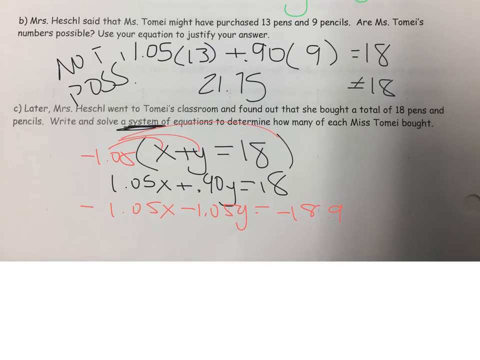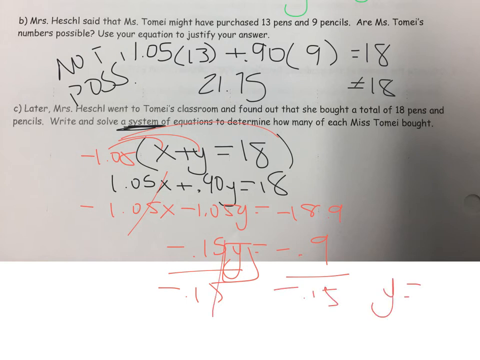So now those x's will cancel. 0.9 minus 1.05y, that's negative 0.15y, is equal to 18 minus 18.9. This is negative 0.9. Now to solve for y, we're going to divide both sides by negative 0.15.